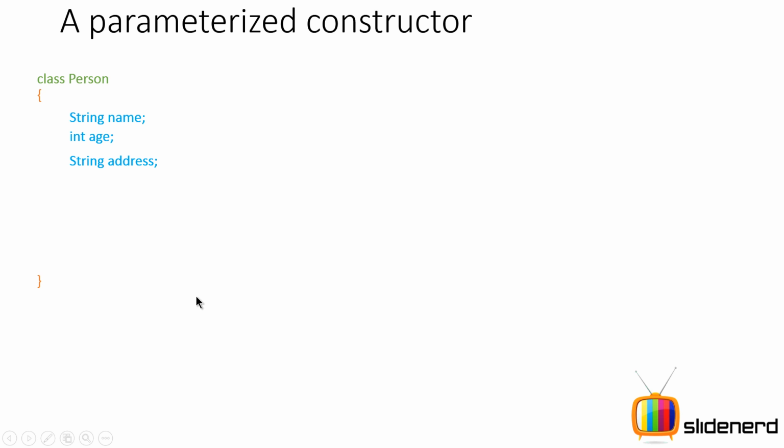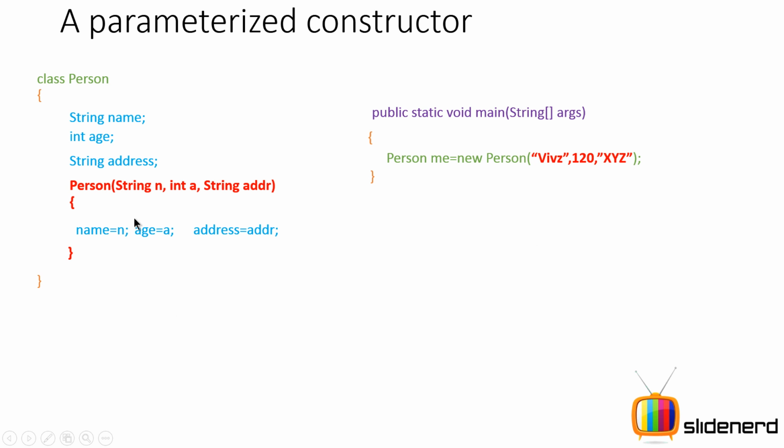So now let's talk about a parameterized constructor. Let's take a scenario where I've said Person me = new Person, and I have put Vivs, 120 and xyz within the parentheses, just like I would do with a method. So since a constructor is just like a method, is it possible to have parameterized constructors? That's the question that you have. Let's take a look. Here I have my parameterized constructor Person that takes three arguments: String n, which is this Vivs over here, int a, which is this 120 over here, and String addr, which is this xyz over here.